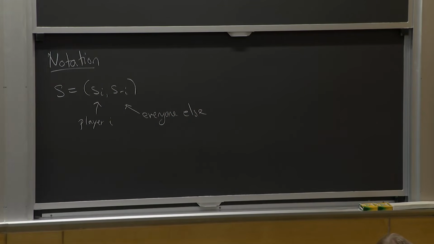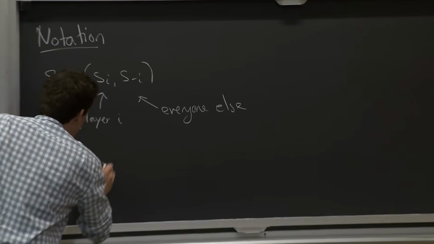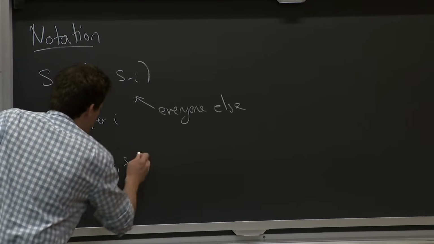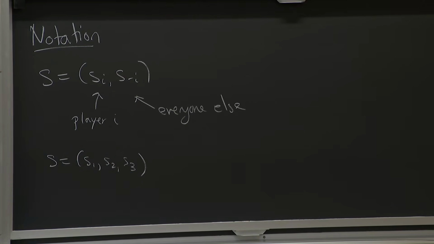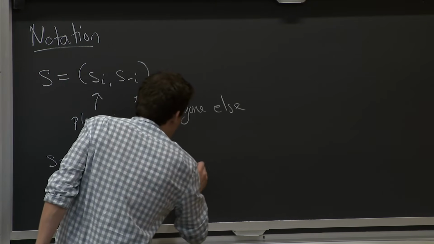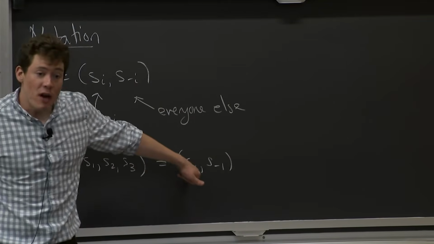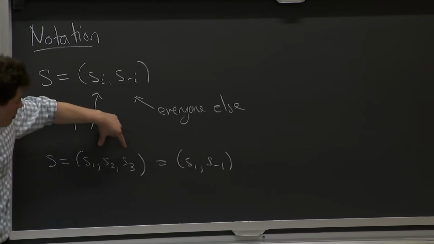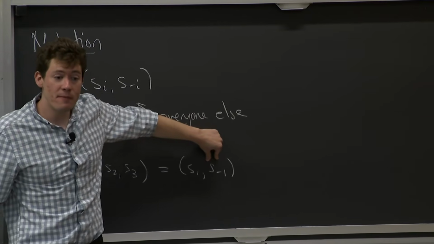And this notation is important, so let's just go through an example with 3 players. If s equals (s1, s2, s3), this strategy profile specifies a strategy for each of the 3 players. But there's 3 different ways we can express this, depending on which player we want to focus on. So we could write this as (s1, s_-1), meaning we're going to put player 1's strategy by itself, and then we're going to group the other 2 players' strategies under this notation s_-1.